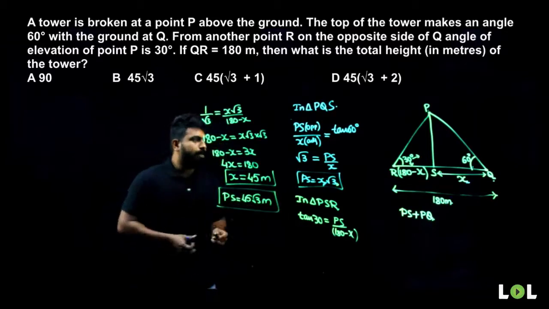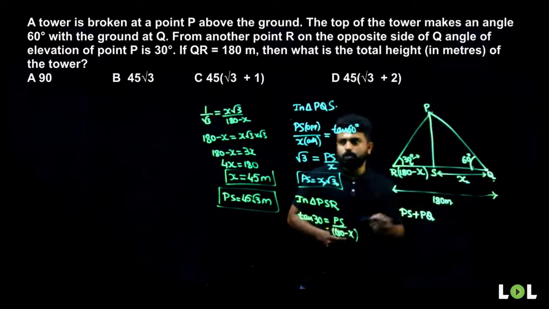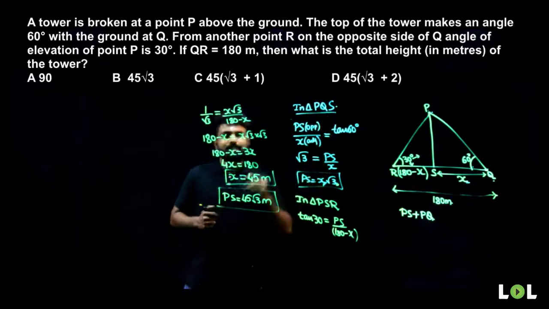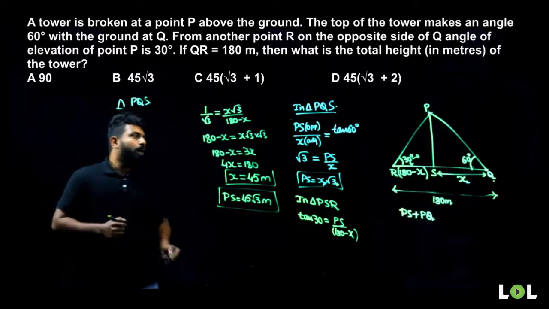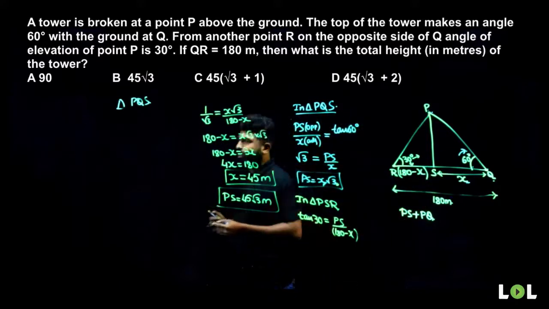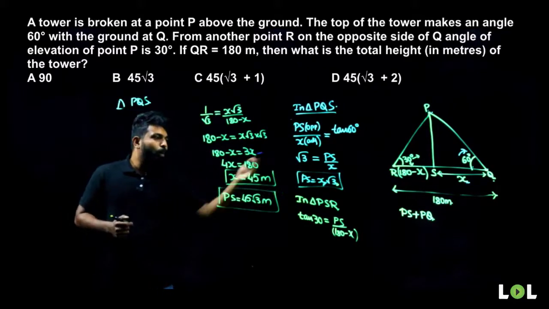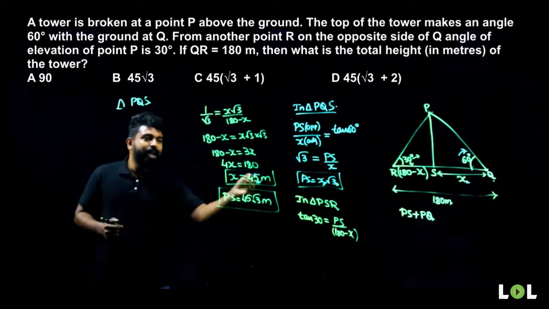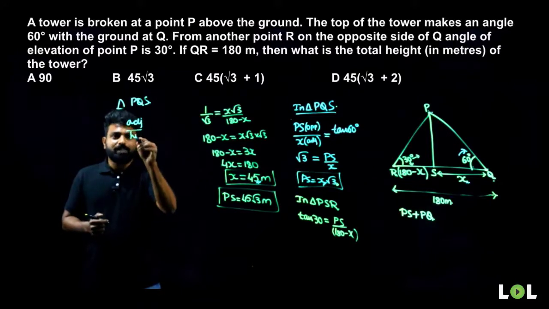Once again, now what do I need to find out? I need to find out the value of PQ. So what is PQ? From triangle PQS, what is PQ with respect to 60 degrees? It is nothing but my hypotenuse. What is the other value that I know? I know the value of X, and that is nothing but 45 meters. So it is adjacent by hypotenuse.